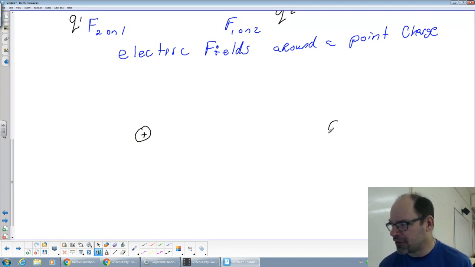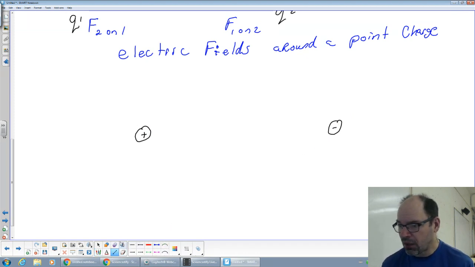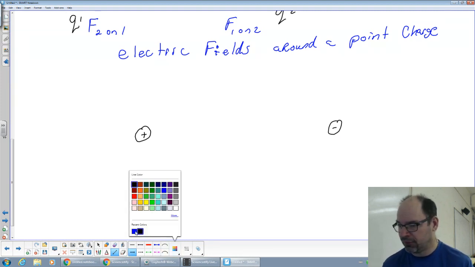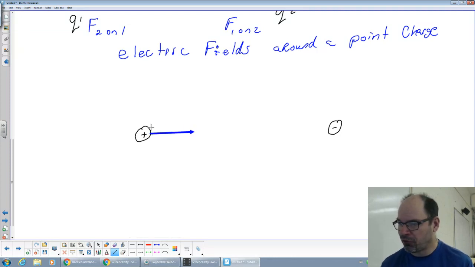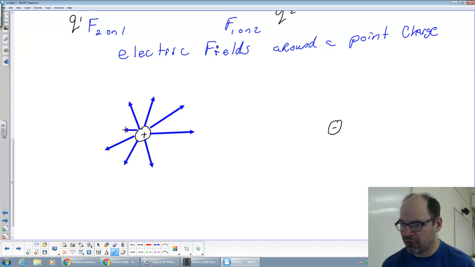And if we have a negative charge, the electric field lines are vectors, so use an arrowhead. If we have a positive charge, it throws out repulsion around it like this, around a point charge if there's nothing else around it. And then the opposite is true about a negative charge.